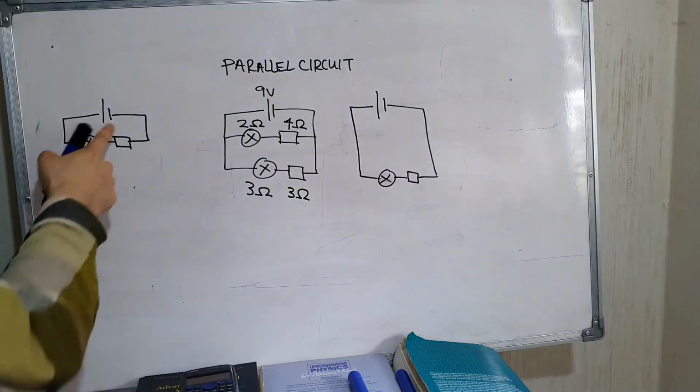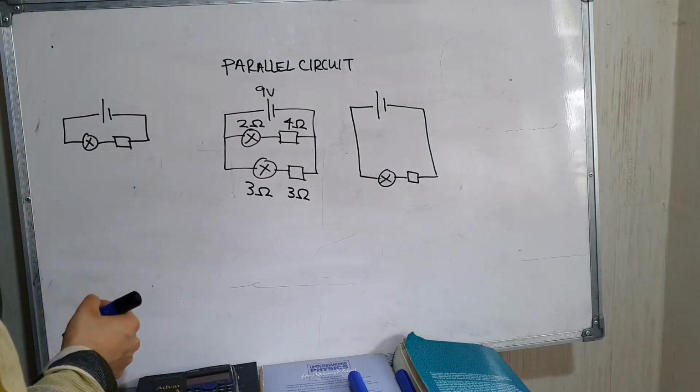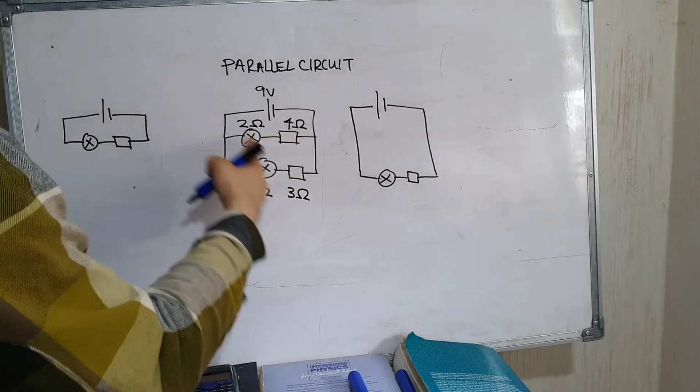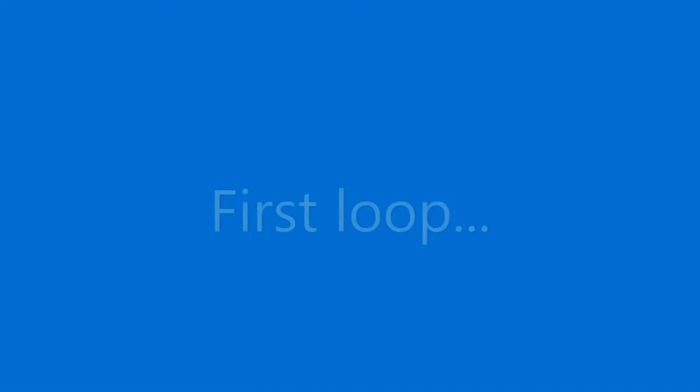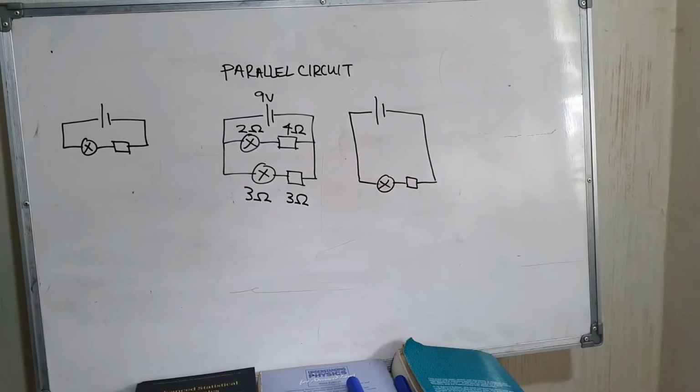So you've got 2 loops, 1 loop there and 1 loop there. Do you think we could work out individually? We could do it individually. Let's just have a look.